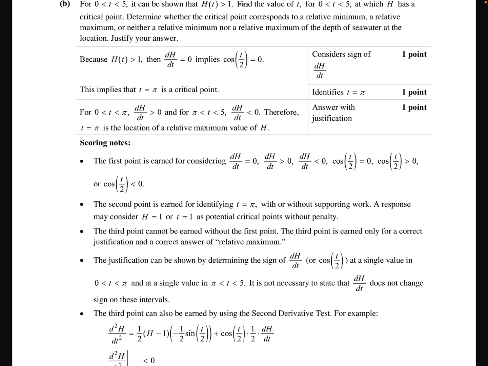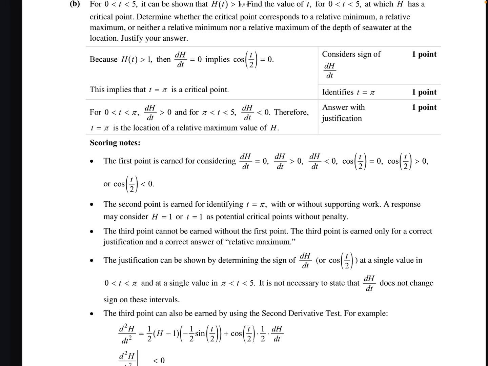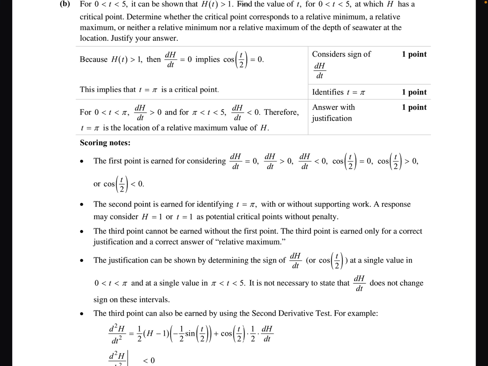All right, I don't care too much about that, but all right, the third point cannot be earned without the first point. So if you don't earn the first point, you're not going to earn the third point. Okay, so keep that in mind.